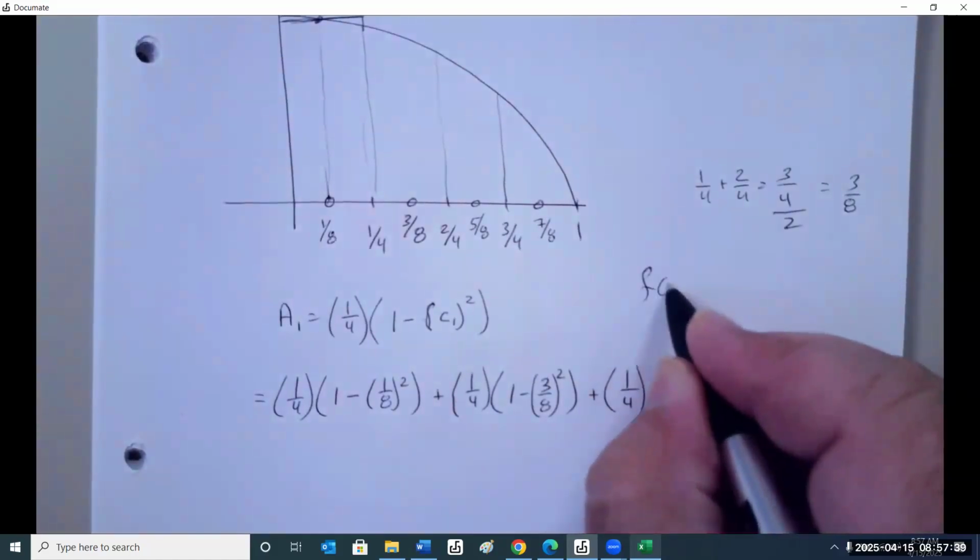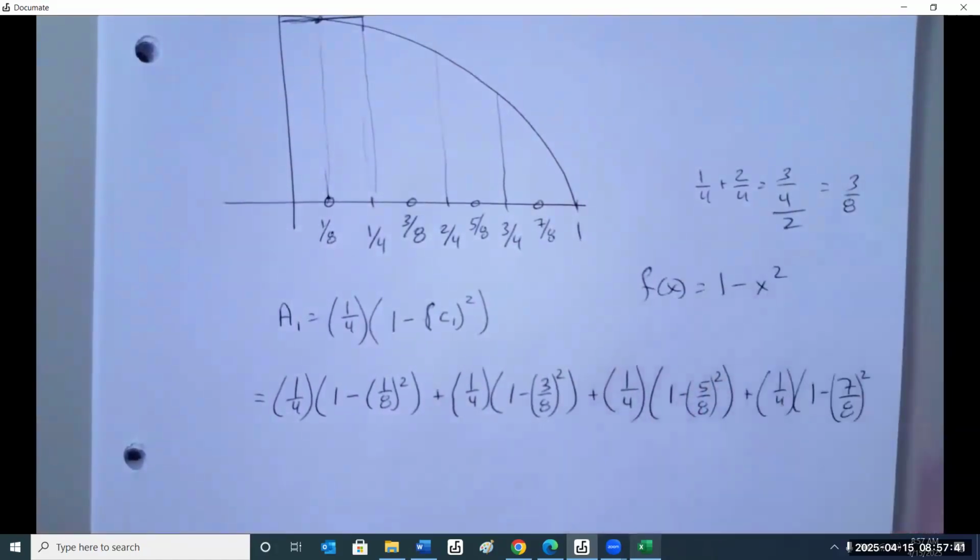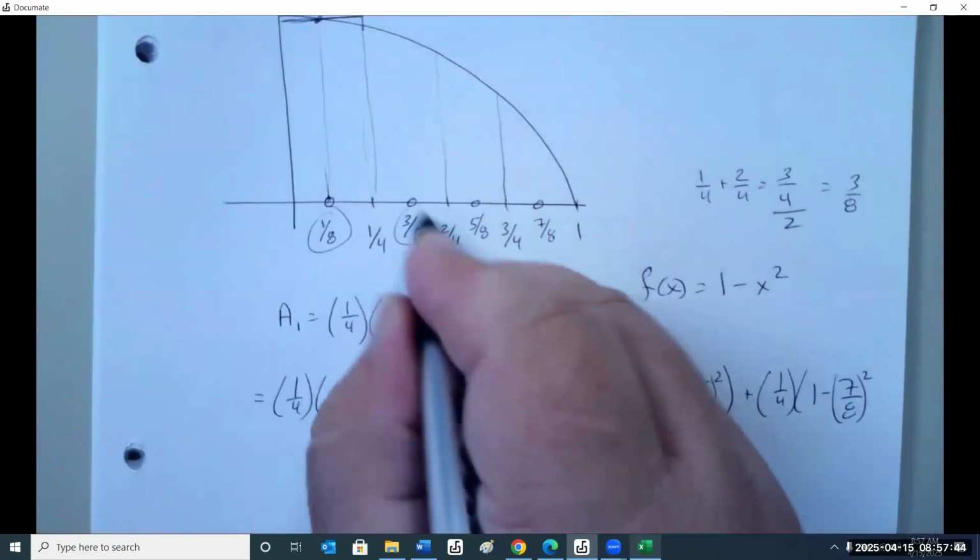Because remember, our function itself was 1 minus x squared. We're using these x's.